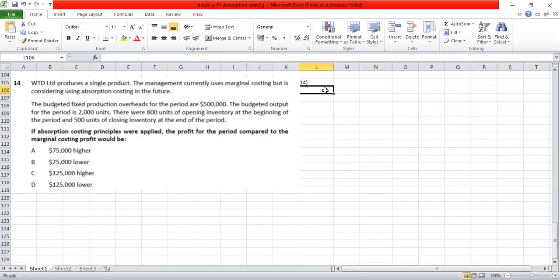We see beginning inventory is 800. So now the difference in the units is 300 units.